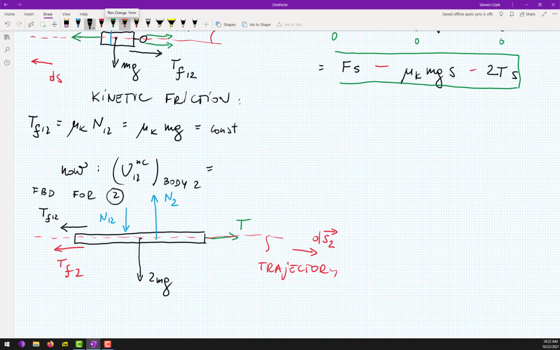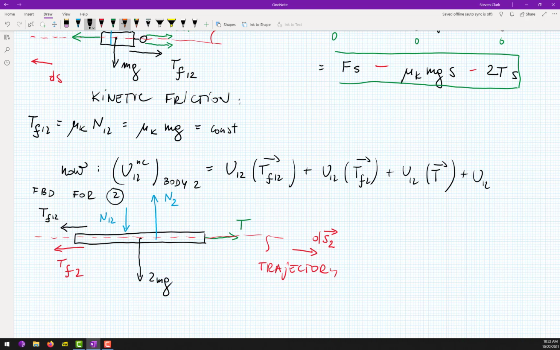Wow. So we have a lot of forces acting here. We must write all of these integrals: U12 of TF12 plus U12 of TF2 plus U12 of T plus U12 of N12 plus U12 of N2.